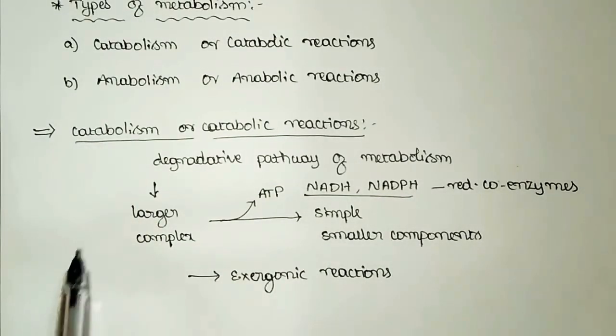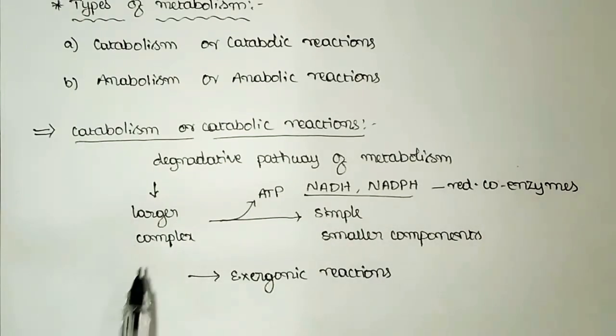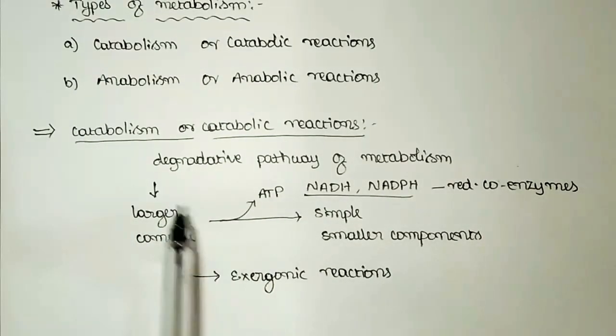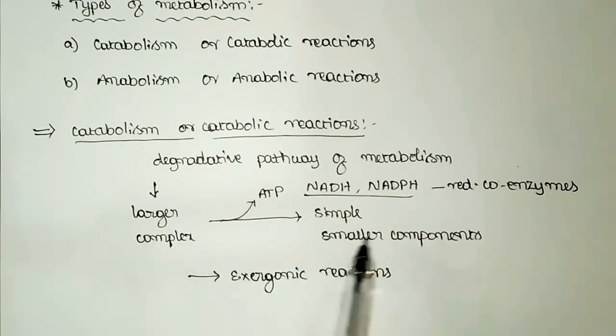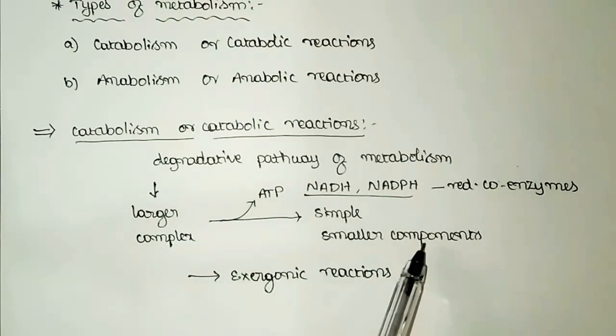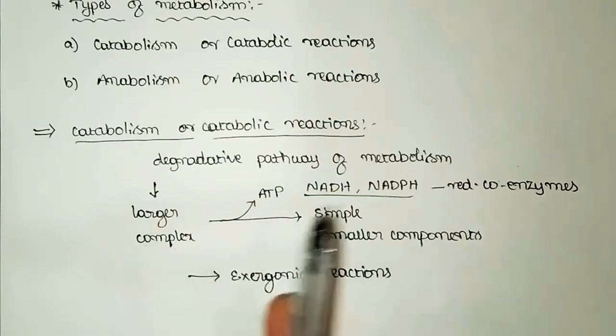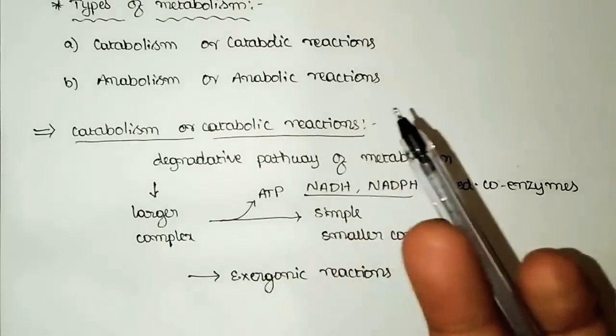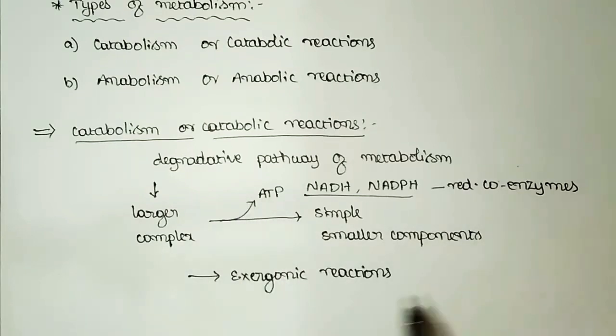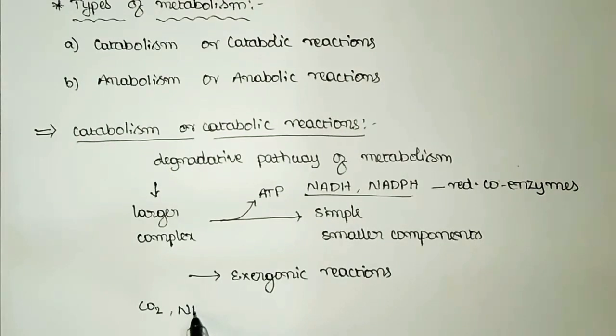And in case of catabolic reactions, the larger complexes that are produced during the digestion process will be converted into simple and smaller components, and along with the monomers of the larger nutrient molecules, some poor end products, or waste products, will be produced, such as carbon dioxide, ammonia, or in some cases sulfate content, waste phosphate content, or excess water.